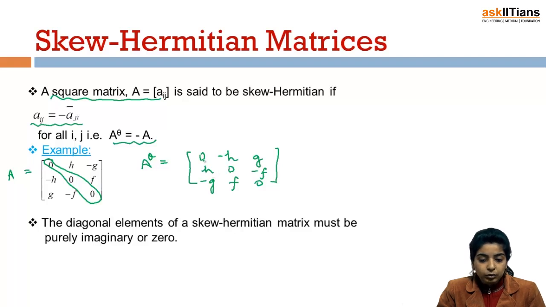If you notice, I am getting A theta equal to minus A. Just see here, h becomes minus h. So A theta is minus A, and hence this is an example of a skew-Hermitian matrix. An important property says the diagonal elements of a skew-Hermitian matrix must be purely imaginary or zeros. Since here we had zeros, you can have either zeros or only imaginary elements in the diagonal in the case of skew-Hermitian.